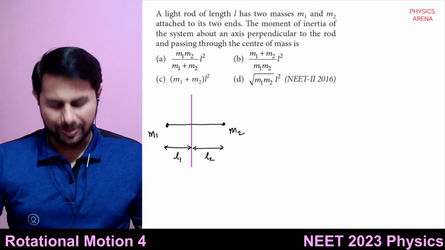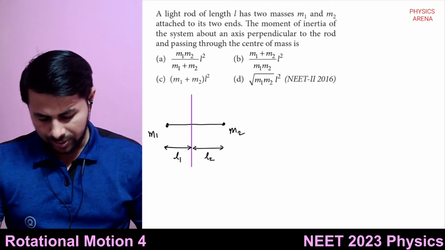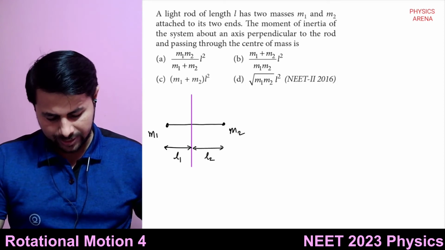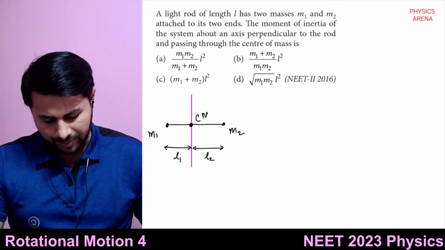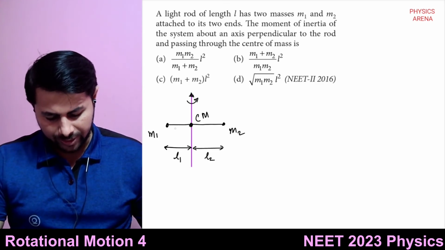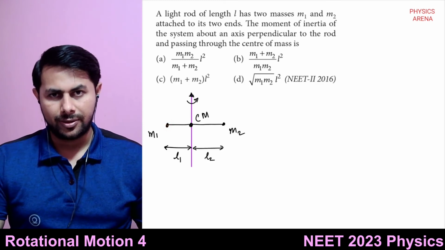We can find L1 and L2. So how much will be L1? It is the distance of the center of mass from m1.